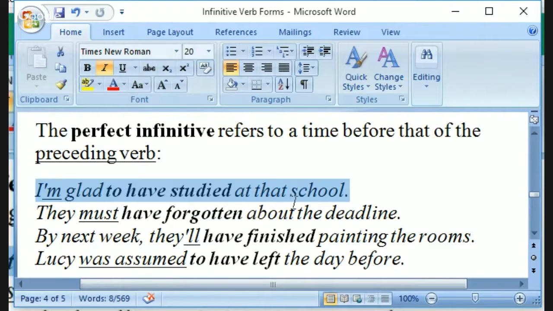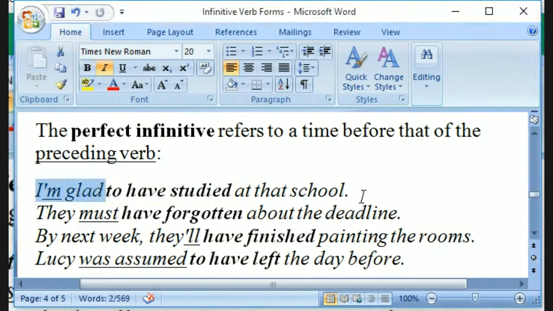Again, to me, this sounds a little more formal than what you just said. Even though I'm glad is present tense, it describes the past. This is being used like present perfect tense, something that happened in the past related to now.